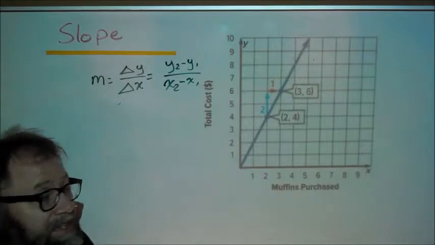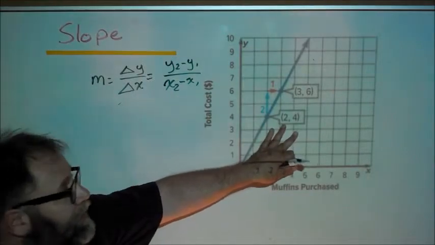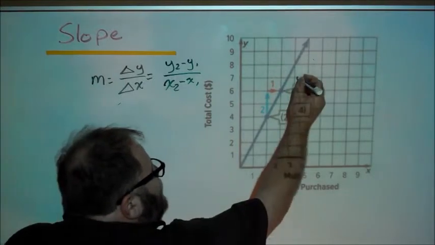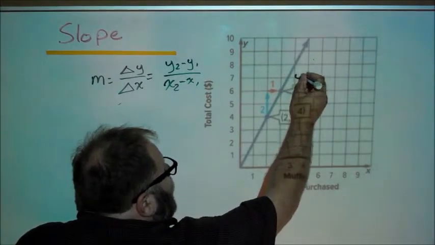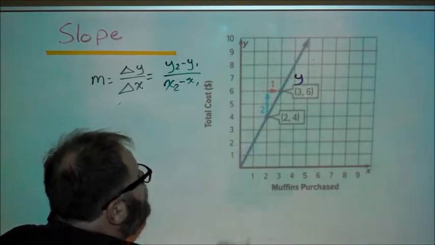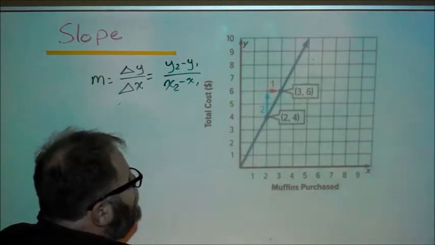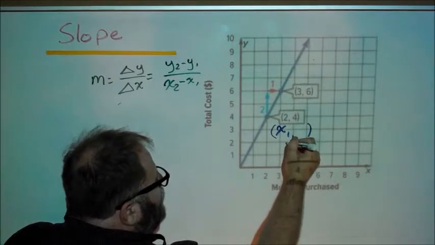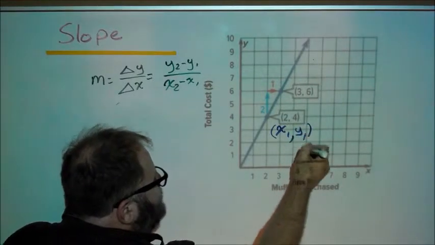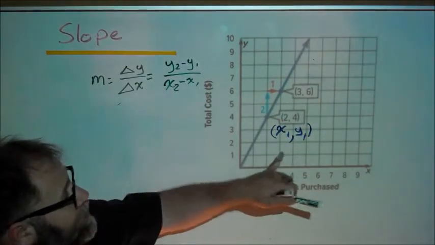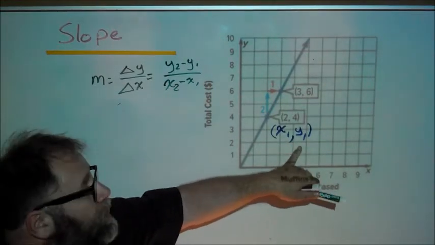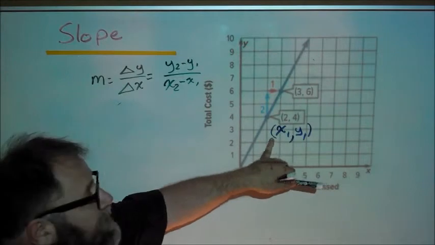Now, the way this is set up, this is our x sub 1, comma, and our y sub 1. Those sub numbers are not exponents, those are just delineators. They're just telling us which point this is.